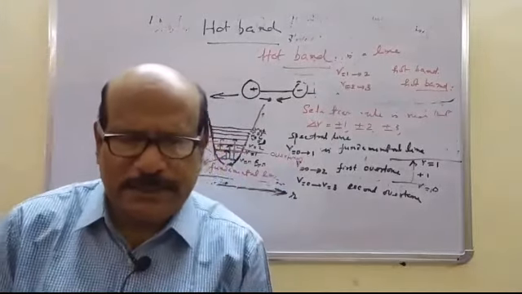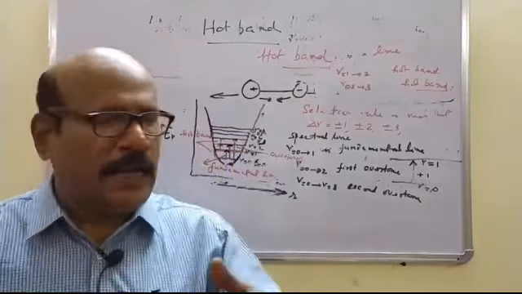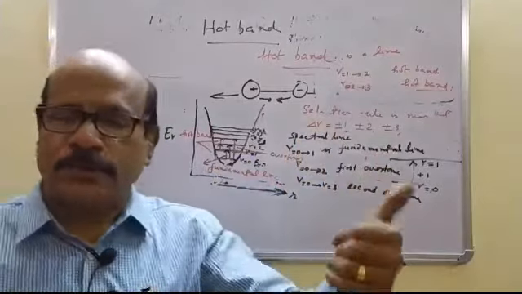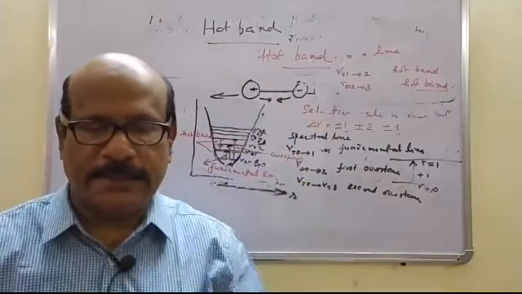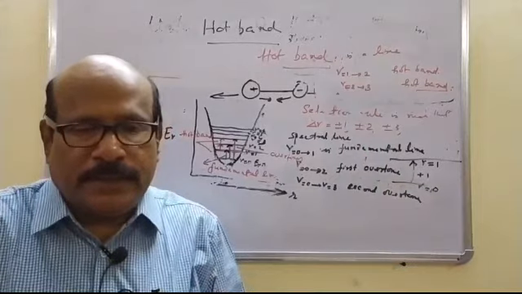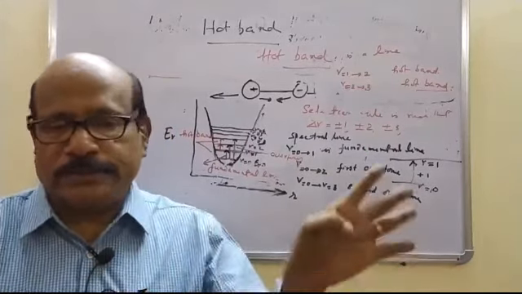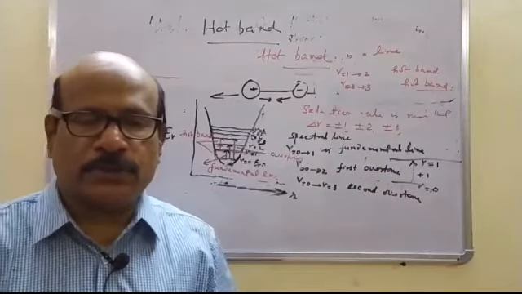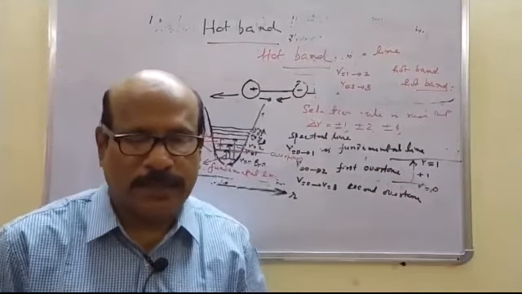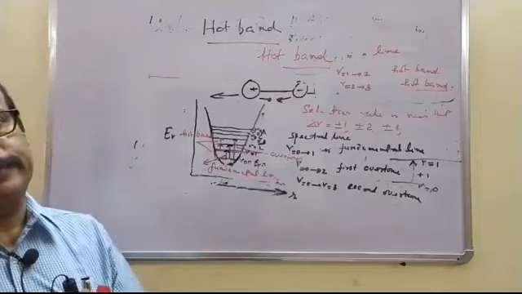So how do you distinguish between a fundamental and a hot band? Do not make a mistake here. A fundamental line is the most intense line that usually occurs at room temperature, arising from the 0 to 1 transition. That is the most prominent line in vibrational spectroscopy.